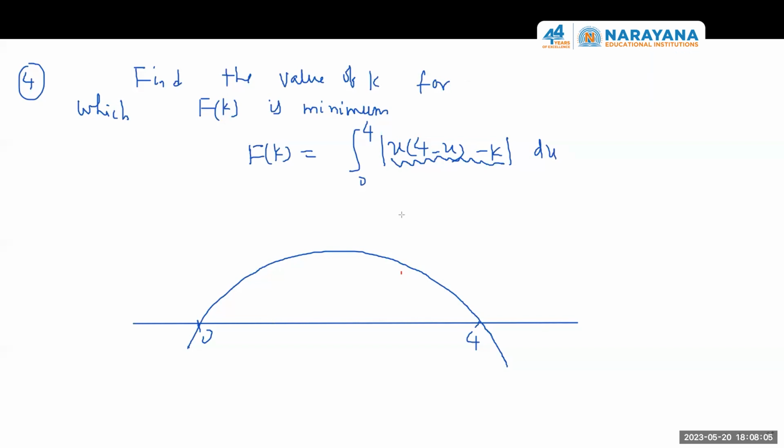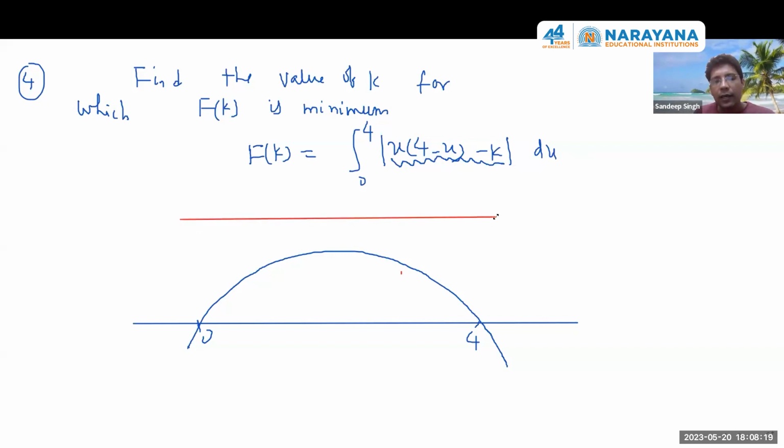Sir, graphically, by drawing the curve you can find the case in which the minimum area can be covered. Let me just verify. Now one thing all of you must observe: if I keep taking the line above this vertex, then mod of this minus this, the area included between this f(x) and the line, will be this whole area.